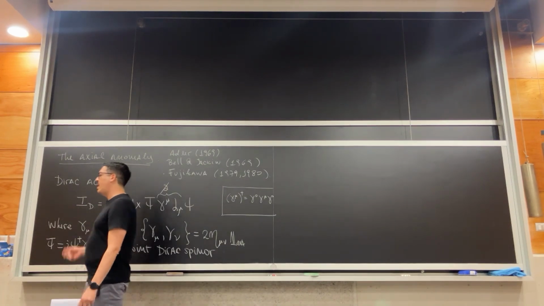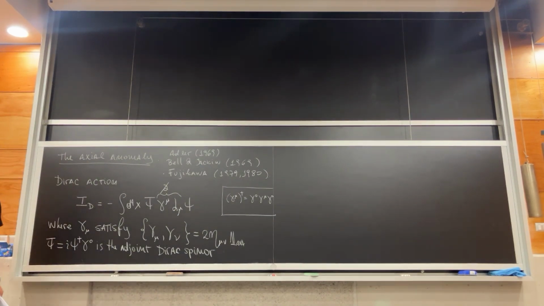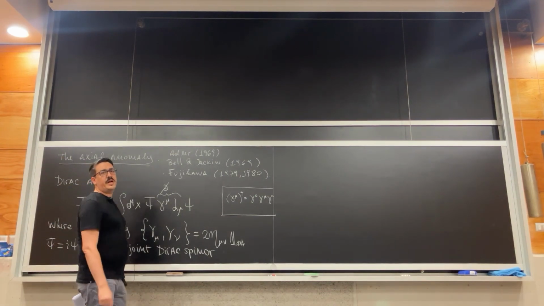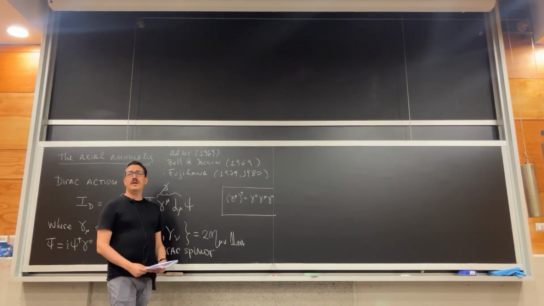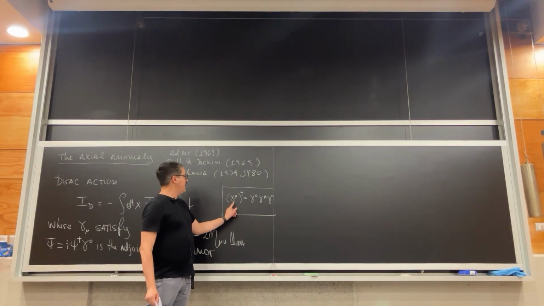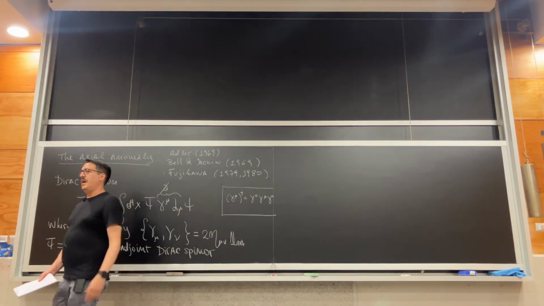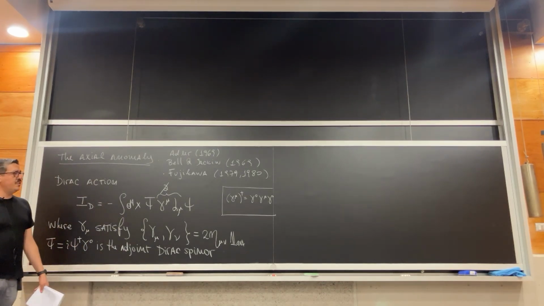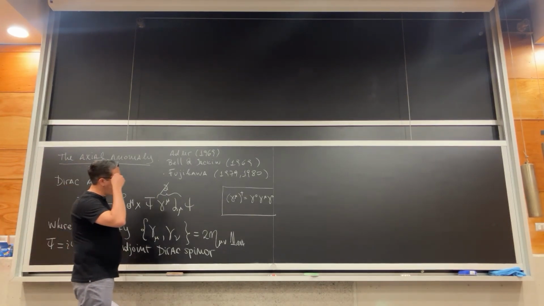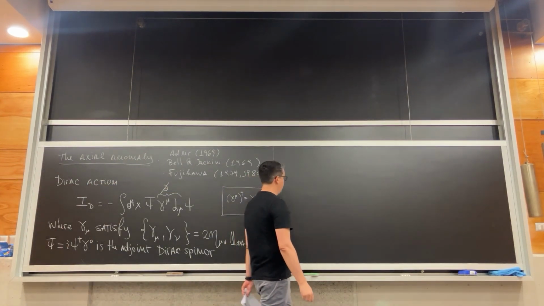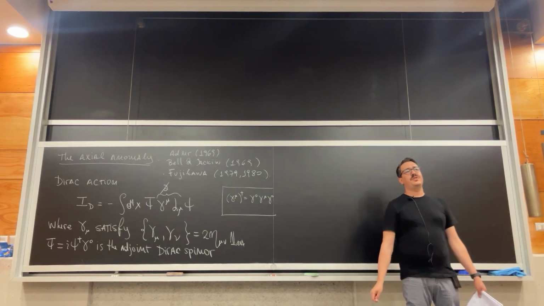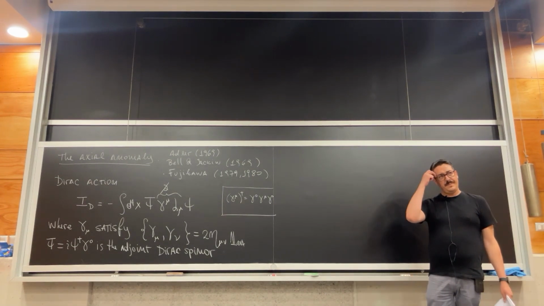I'm considering now the mostly minus signature. So this implies that gamma 0 squared is minus 1. And therefore, you can see that gamma 0 is anti-Hermitian. And for mu being spatial indices, then those matrices are Hermitian in this case. Okay.